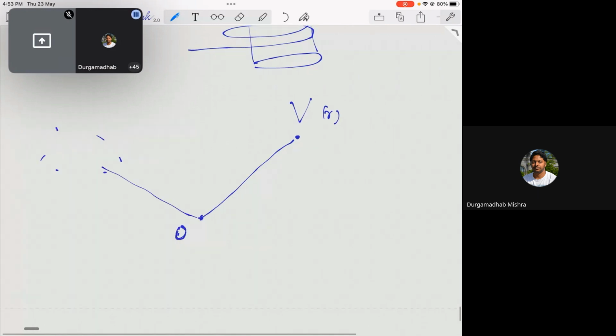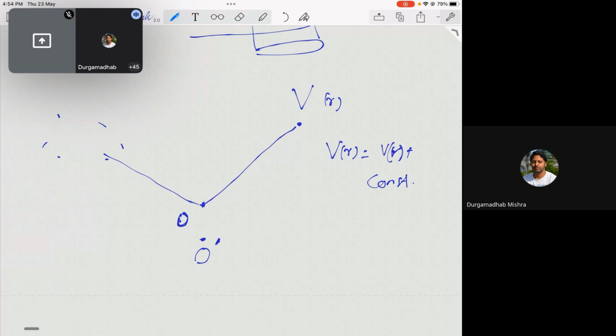Now, if I shift this reference point O to another point O prime, what would happen to V? It will be V plus some constant. You just add some constant term.